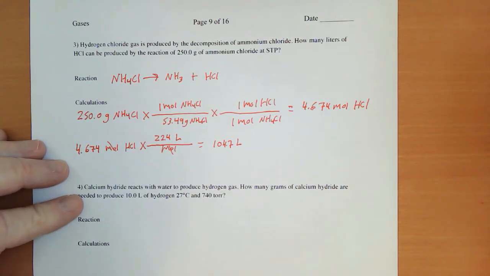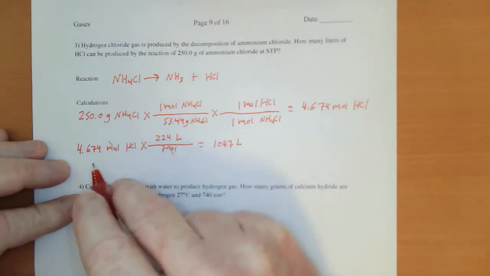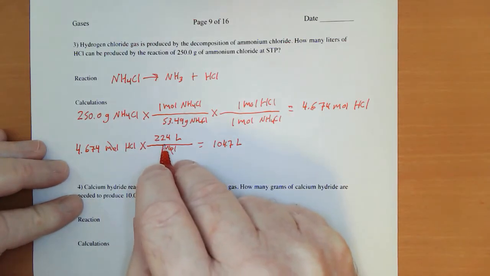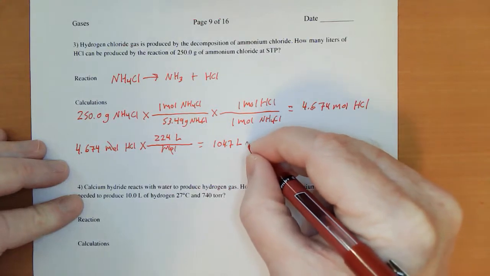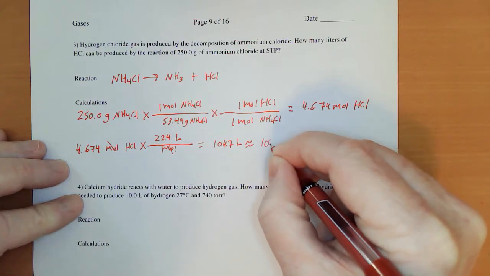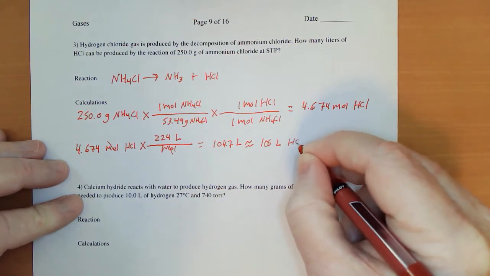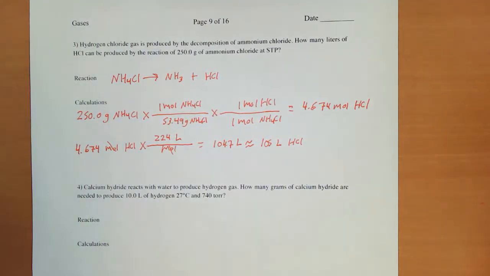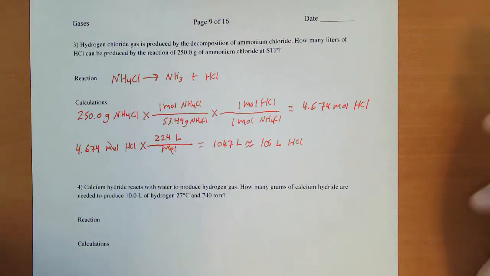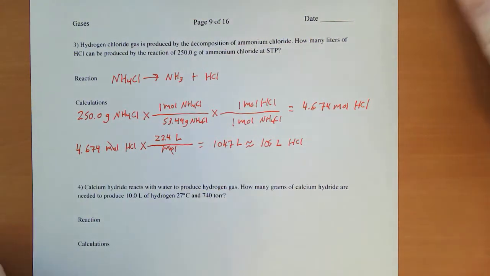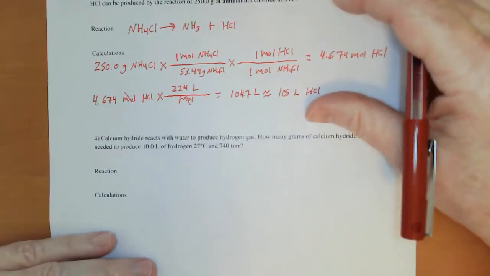Problem is, I'm looking at sig figs here, and 22.4 really is not a definition. That's something that's calculated, so I'm probably down to 3 sig figs, which would be about 105 liters of the HCl. Now, if I did it as PV equal nRT, I could have had a few more sig figs in there and be all right with the 104.7.